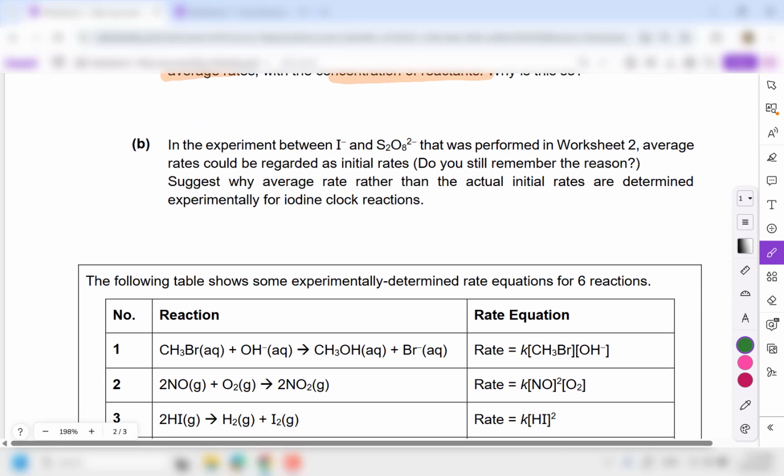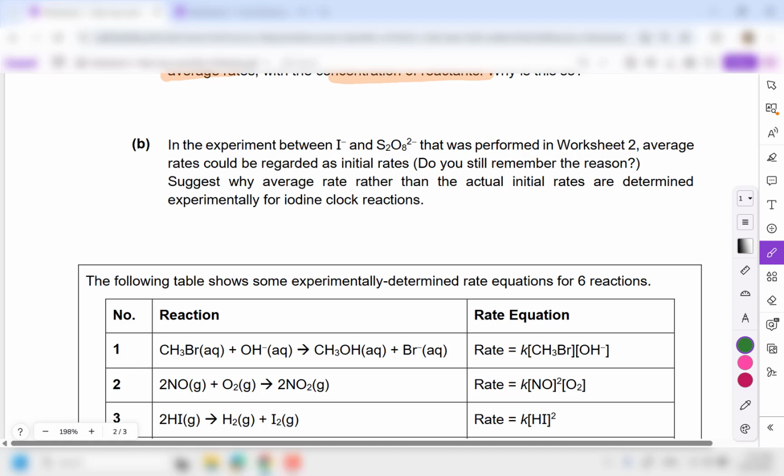Then for 4b, I think it might be a repeat again, so let's read the question. In the experiment between I- and peroxodisulfate that was performed, average rate could be used, or regarded as the initial rates. The reason I've explained in 4a suggests why average rates rather than actual initial rates are determined experimentally.